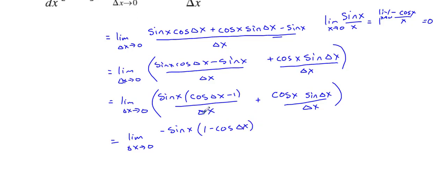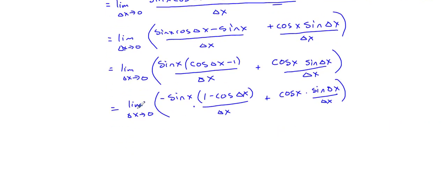And with purpose, I can put the delta x just under this one, right? And this is a product, right? Plus, now with purpose, let's set this up. So it'd be cosine x times sine delta x over delta x.